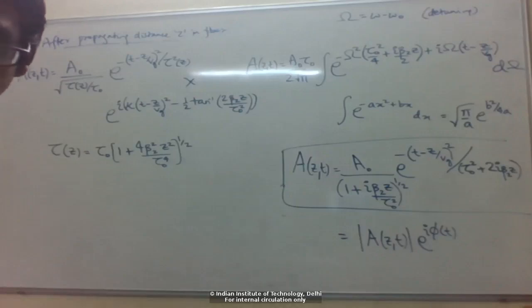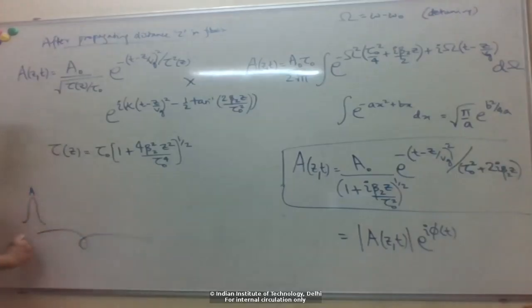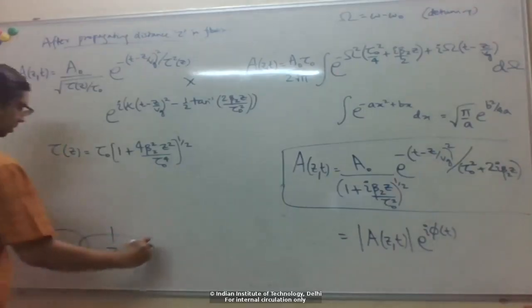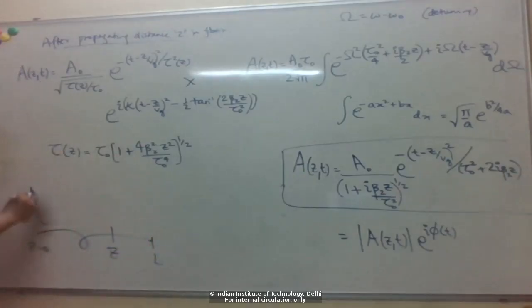Can you please summarize why we are taking the Fourier transform of the incoming beam? Our task is, you're given some input pulse, some A at z equal to 0, and it goes up to L. So that's the pulse we are given, A at z equal to 0 of t.